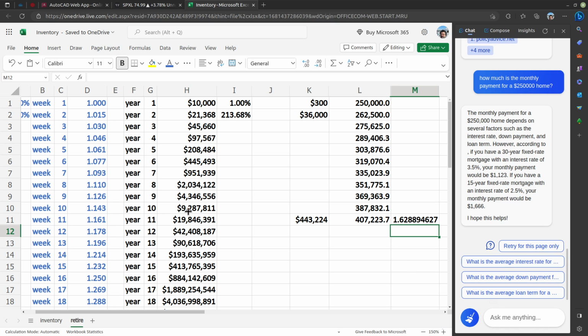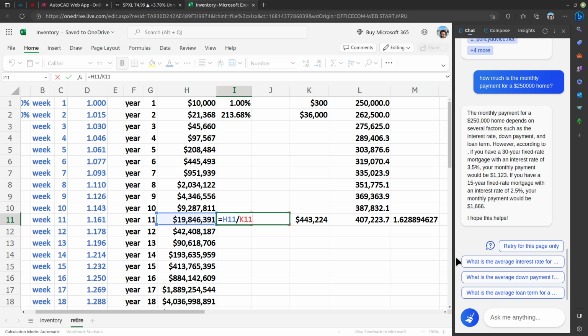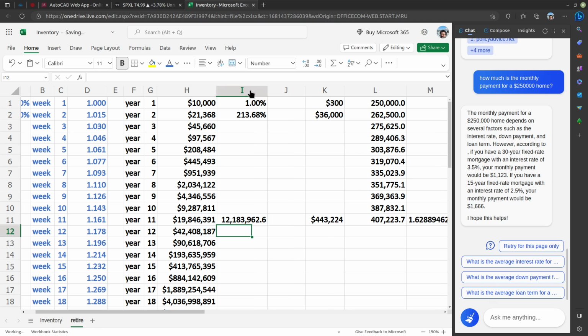So now if I do equals to that number times divided by this number that we got here, which is the inflation, 5% inflation, it's 12 million. So which one's better?